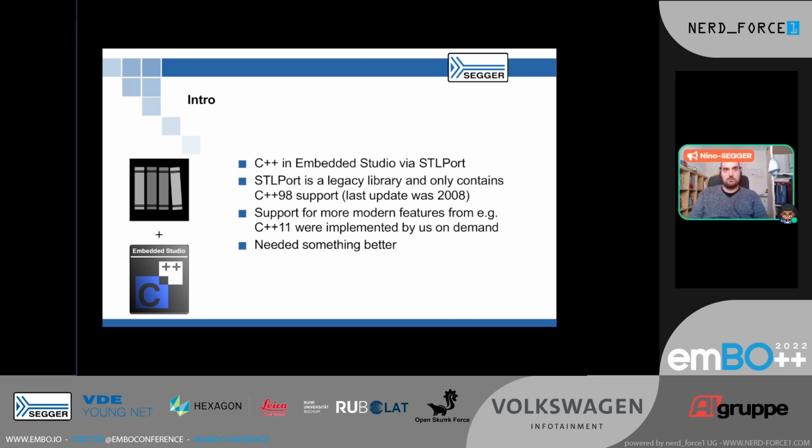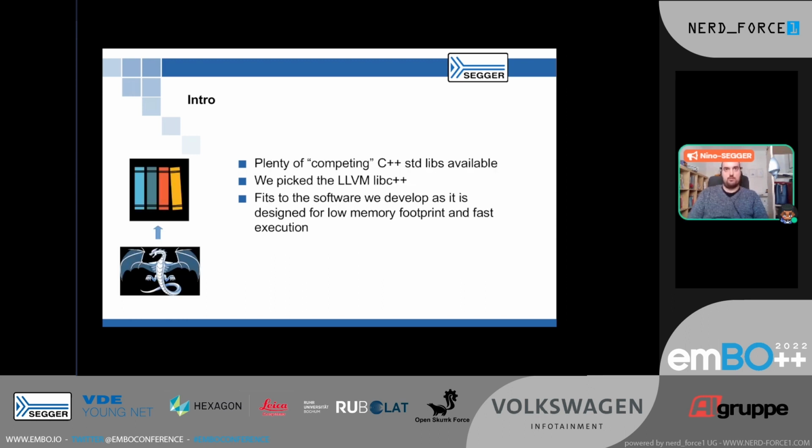So we set out to this task last year, and we looked at the different standard libraries that are available. There are, of course, a lot of different competing ones, as you probably know. In the end, we picked libc++ from the LLVM project.